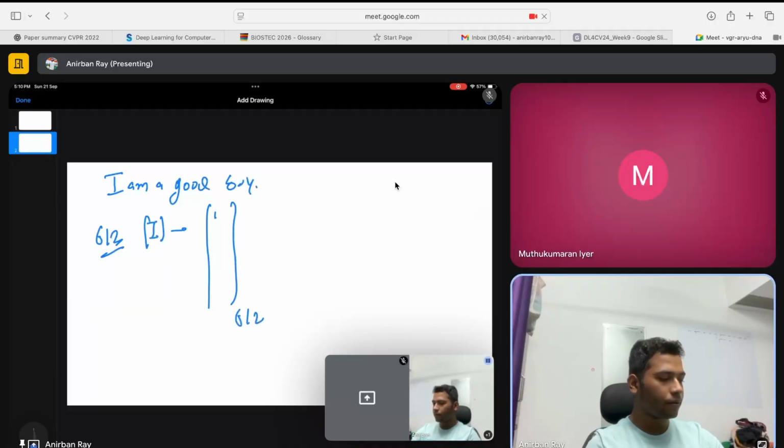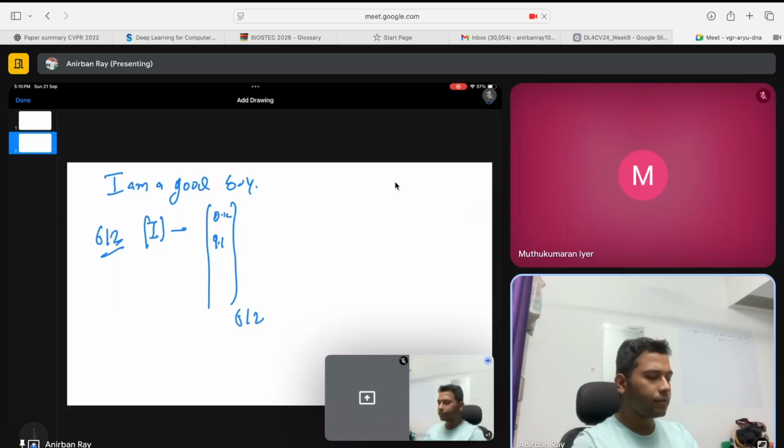The values are 0, 1, 2, 3, some values. The tokens form a dictionary, whatever tokens are possible, or maybe the words, in simple terms.